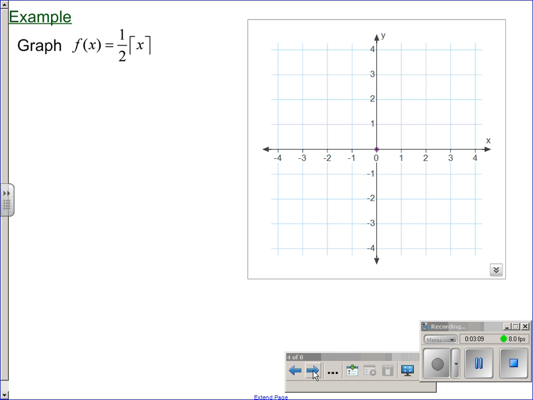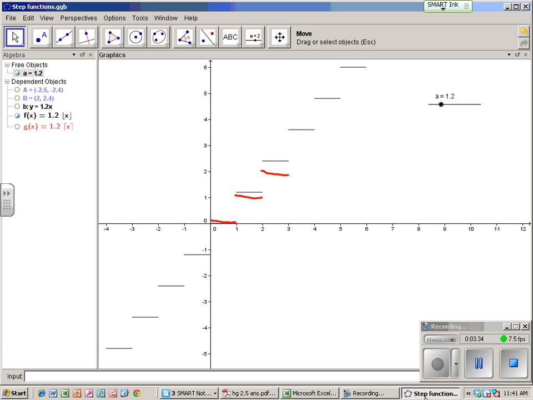So, to graph a step function, there is a nice way to do this. Basically, what you're going to do is look at the function without the step function notation. So just look at this, y equals 1/2 x. All right, and I'm going to go back to that other picture to help with this.